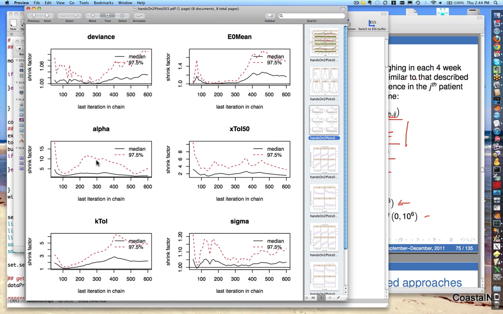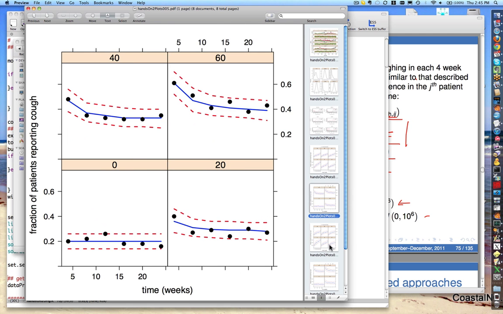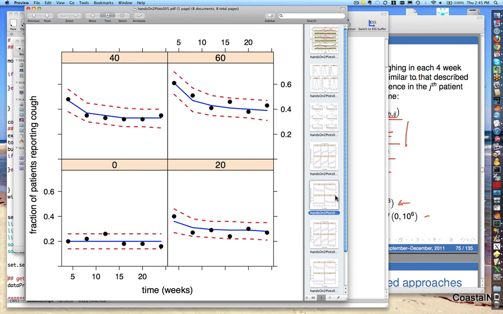But when you look at, again, alpha, X-tall 50, and K-tall, you've got numbers that are well above 1, indicating some convergence problems. Again, as I was saying, it fits the data reasonably well, but the inferences about any of the parameters would not be very credible in this case.